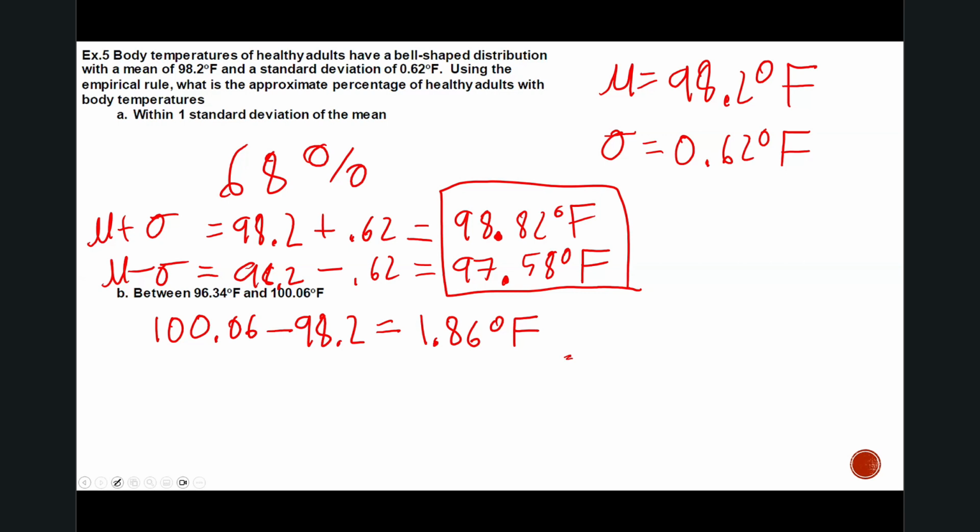Think of a standard deviation as a ruler. We want to figure out how many standard deviations fit in here. The more standard deviations that fit in a difference, the stranger the difference is.